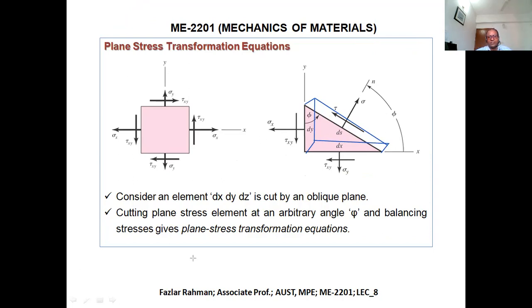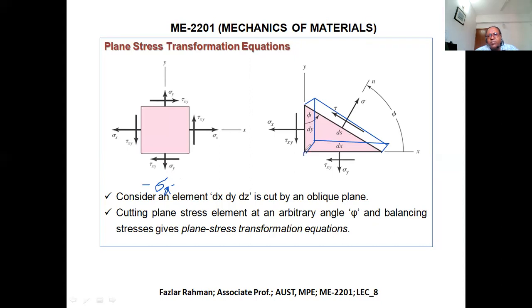Now, say I would like to figure out the summation of force along the x-axis. First, you consider right over here. Tau xy is working downward. This is not the x direction, right? Only sigma x. So sigma is working in the negative x-axis, so sigma x, you need to multiply by the area. So what will be our area of this face?